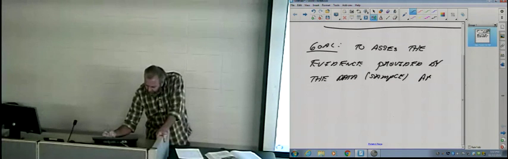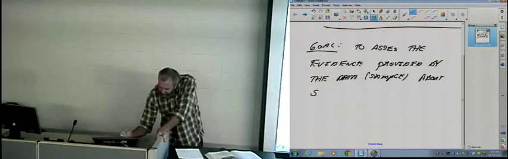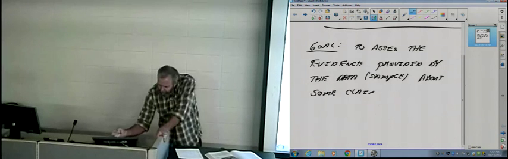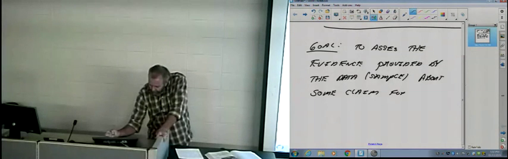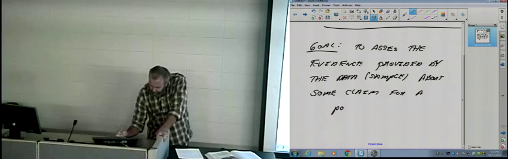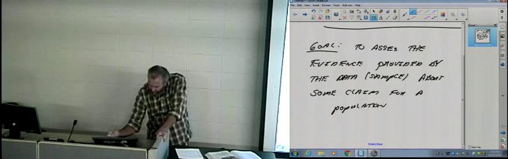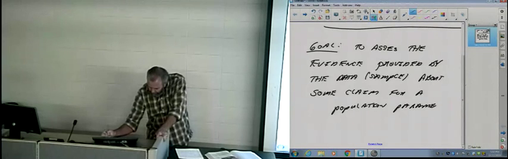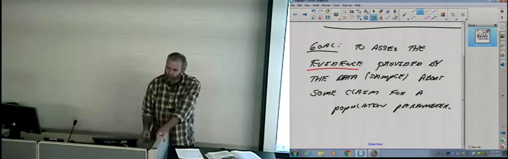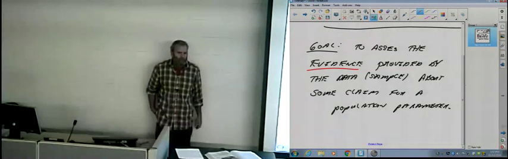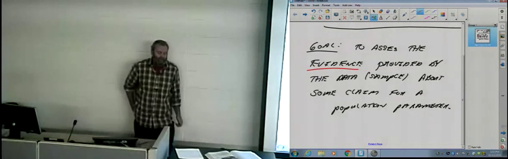About some claim for a population parameter. I underline the word evidence for a reason here. That's how I know they're asking for a test of significance.